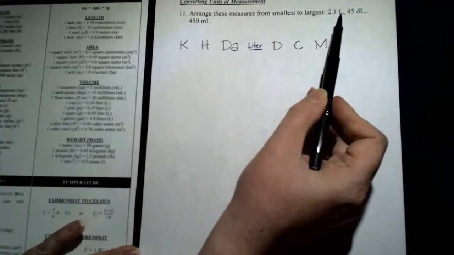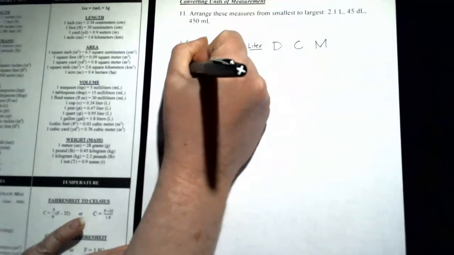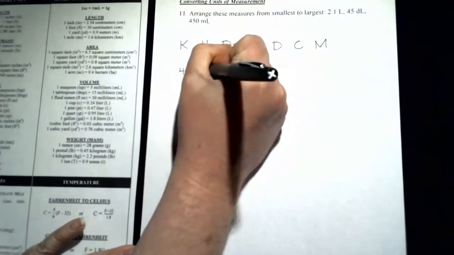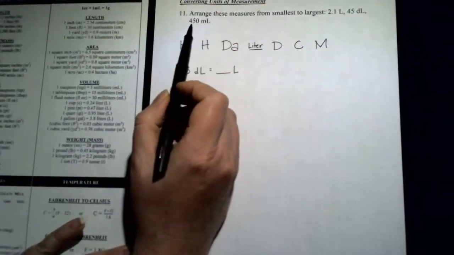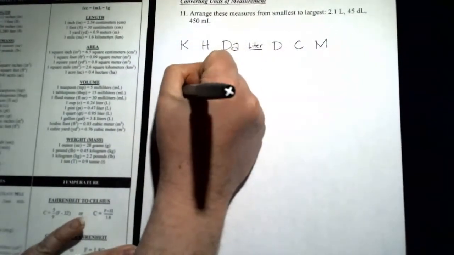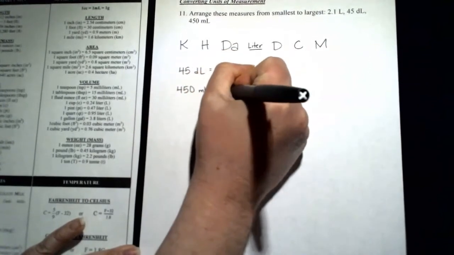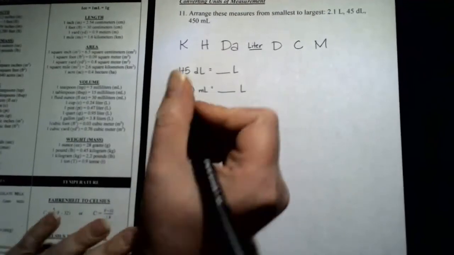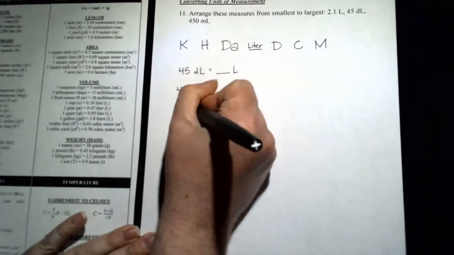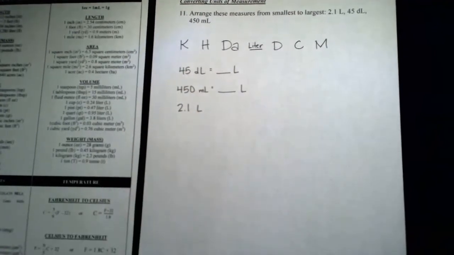We already have one in liter, so I'm going to change deciliter, the 45 deciliters that we have here, to liters, and I'm going to change the 450 milliliters also to liters, and then everything will be in liters. We'll be able to compare it to the 2.1 liters that we're going to leave alone.